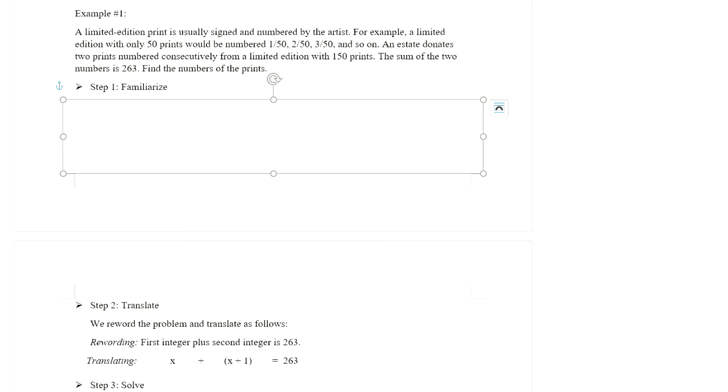Choose variables to represent the unknown. State clearly what the variables represent. Draw or label the known information. Create a list or table. Think of the possible answers and check the guess.